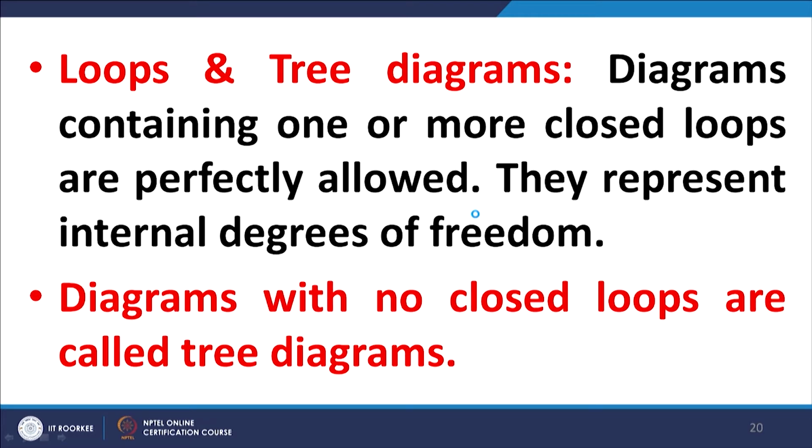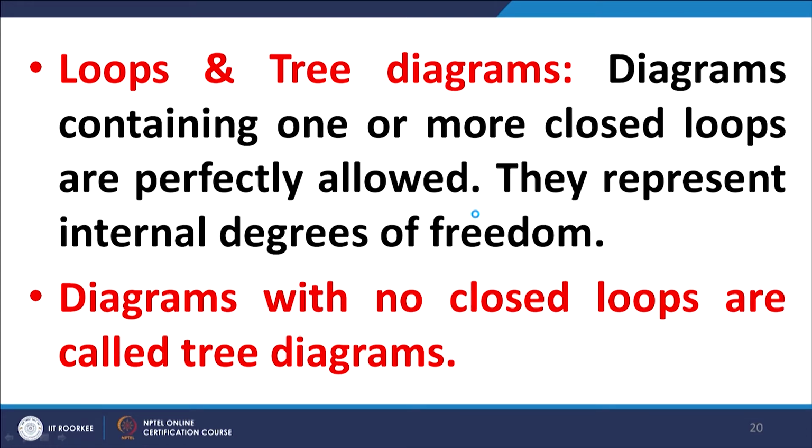Loops are closed loops that represent internal degrees of freedom. They start and end at the same vertex, and they do not have any bifurcations there. They simply start at one point at a vertex and terminate at the same vertex. They basically represent internal degrees of freedom that may take infinite values also.